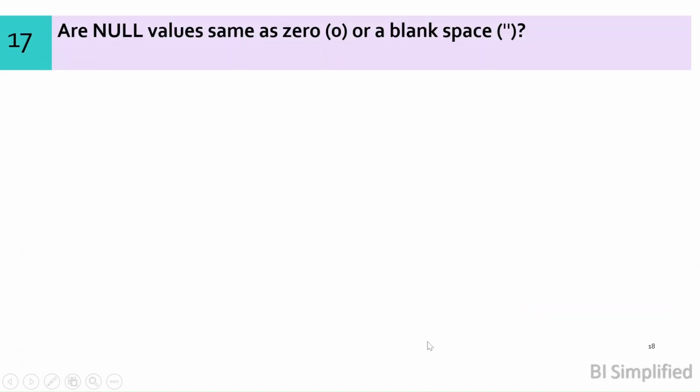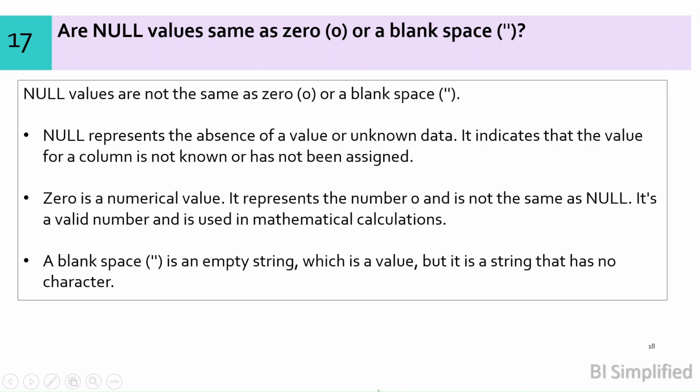Are null values same as 0 or a blank space? And the answer is null values are not same as 0 or a blank space. Null represents the absence of a value, or it represents unknown data. It indicates that the value for a column is not known or has not been assigned. Whereas 0 itself is a numerical value.